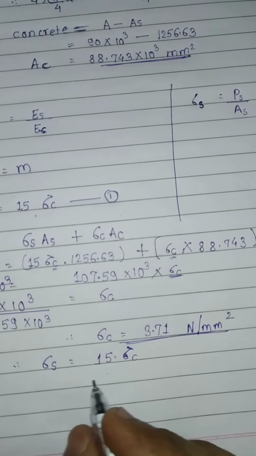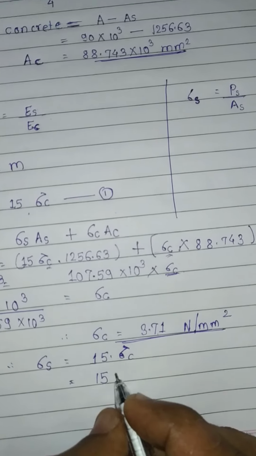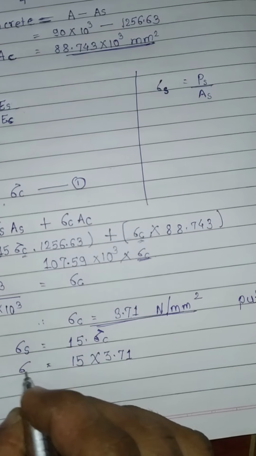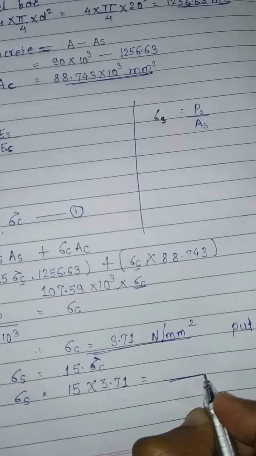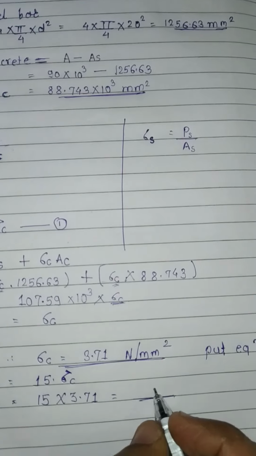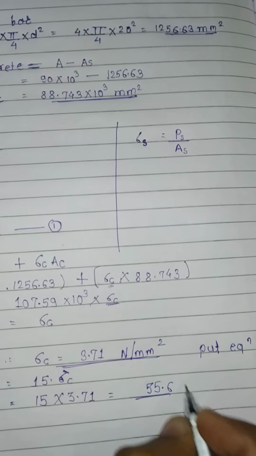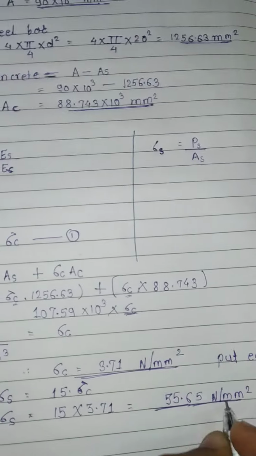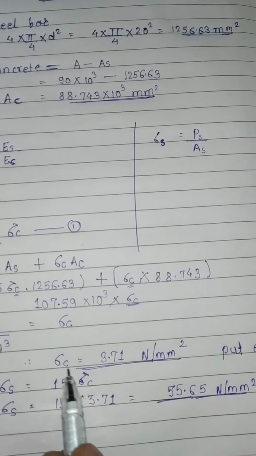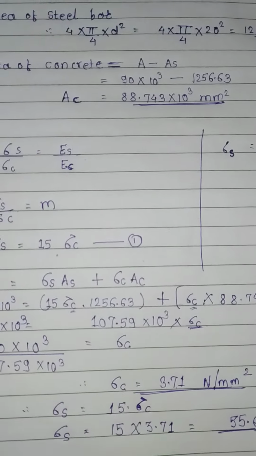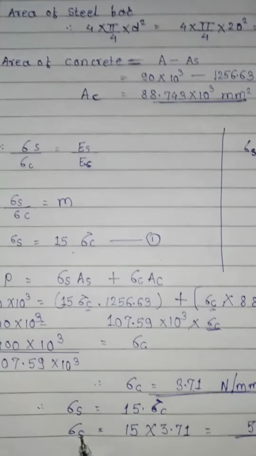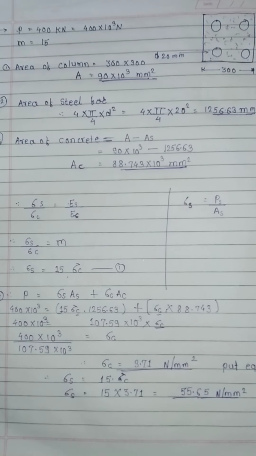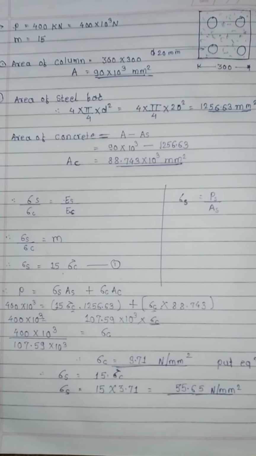Putting the value of sigma c here, we get 15 into 3.71, so the value of sigma s is equal to 55.65 Newton per mm square. We get the stresses for the two materials: sigma c, the stress for concrete, and sigma s, the stress for steel. We have to understand this problem and find out the stresses for steel and concrete.